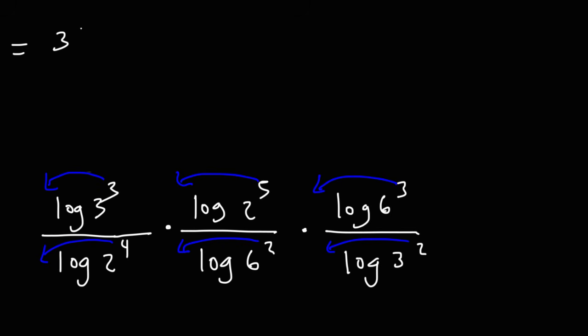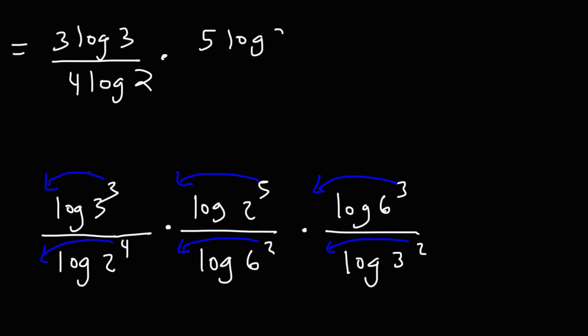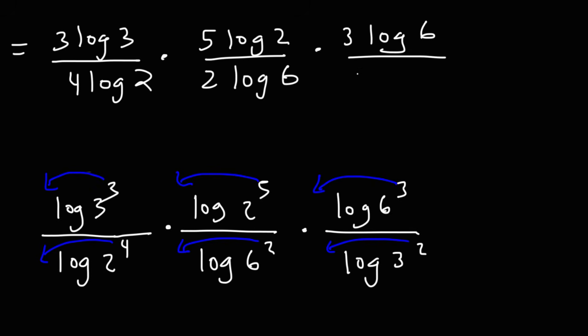And so we have 3 log 3 divided by 4 log 2 times 5 log 2 divided by 2 times log 6 times 3 log 6 divided by 2 log 3.